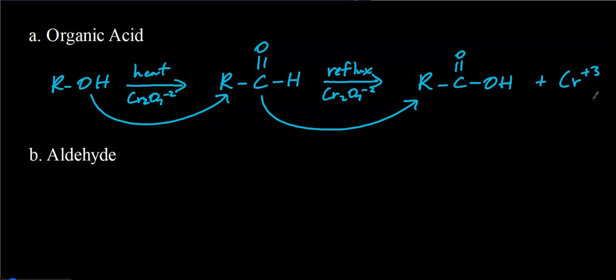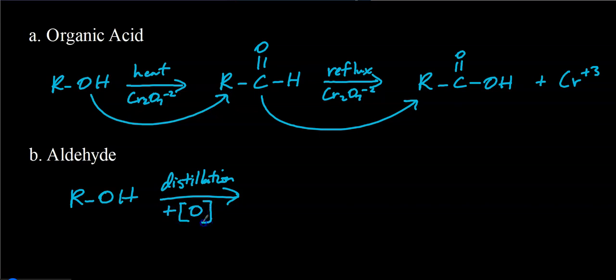All right, so let's just look. Probably should have done just the aldehyde first, but that's okay. So take a primary alcohol and heat it up under distillation. This time I'm going to show it a little different. Instead of putting the dichromate formula or permanganate, I'm just going to put that generic symbol.